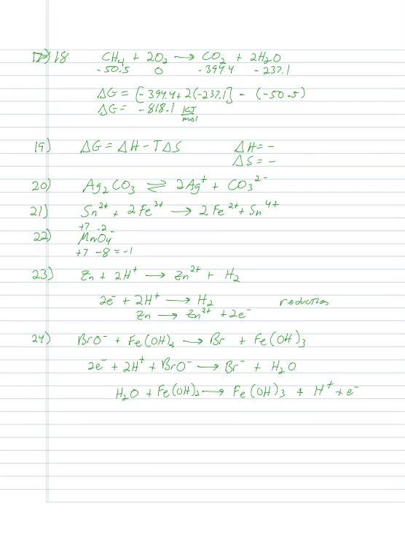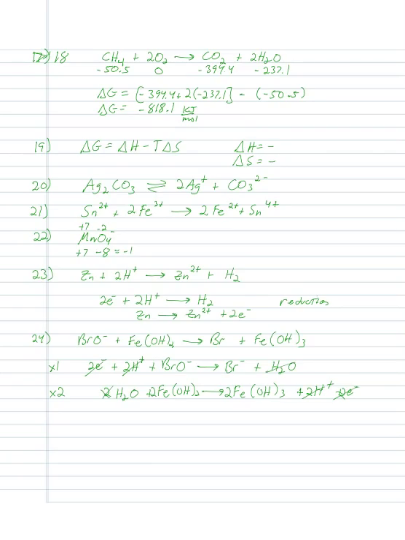So now I should be mass balanced and charge balanced in both my half reactions. And now I just need to multiply them by the lowest common multiple. I've got 2 electrons and a 1 electron. So I can just leave this top one alone, multiply by 1. This bottom one I want to multiply by 2. So that gives me 2 waters, 2 Fe(OH)2, 2 Fe(OH)3, 2 H pluses, and 2 electrons. And so now my electrons cancel, my H pluses cancel, that water goes away, and that 2 goes away.